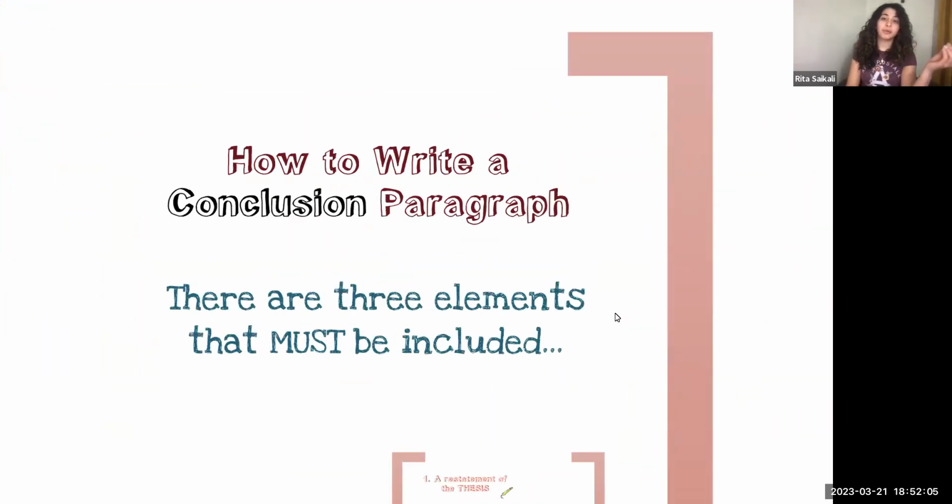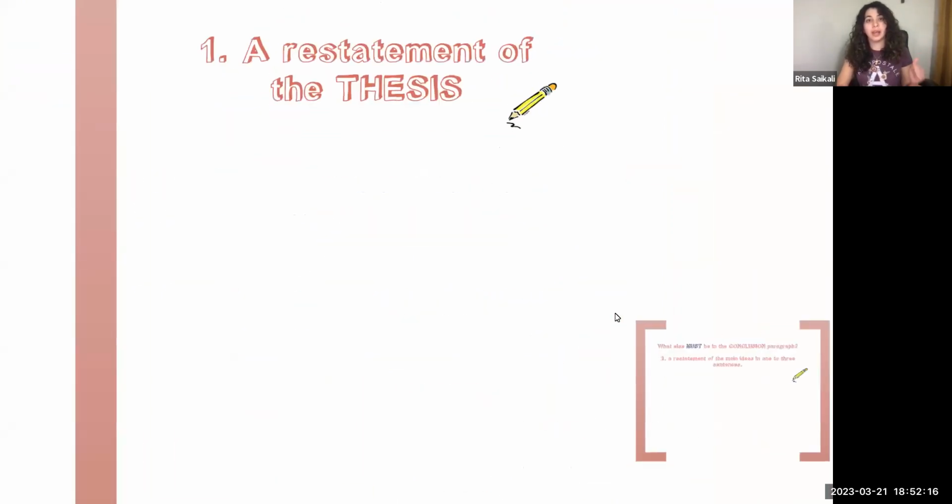All right. So how do we write a conclusion paragraph? There are 3 elements that must be included, and those are things that you need to remember. The first thing you have to have in a concluding paragraph in a 5-paragraph essay is the restatement of the thesis. Remember that the thesis goes in the first paragraph of your writing.